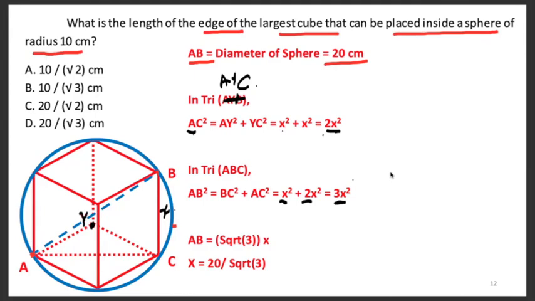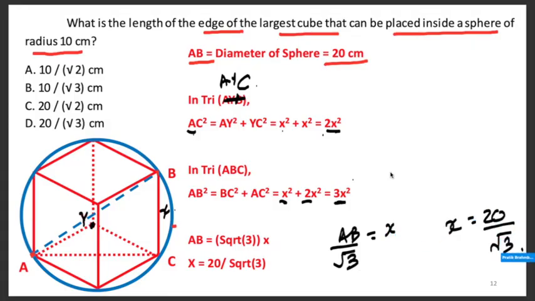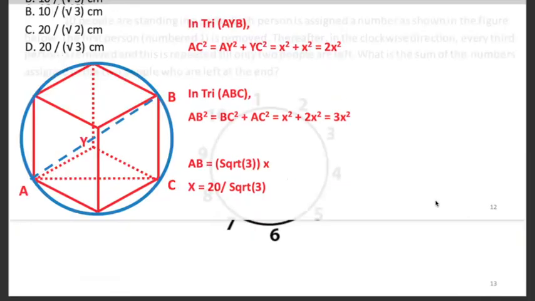So AB comes out to be square root of 3 times X. X square's square root is X. So the value of X will be AB upon square root of 3. So X will be 20 upon square root of 3. So the correct answer is option D here. We'll move to the next one.